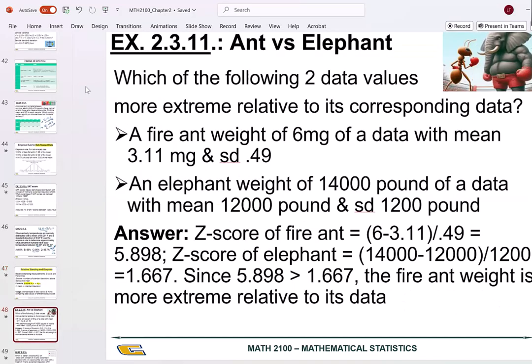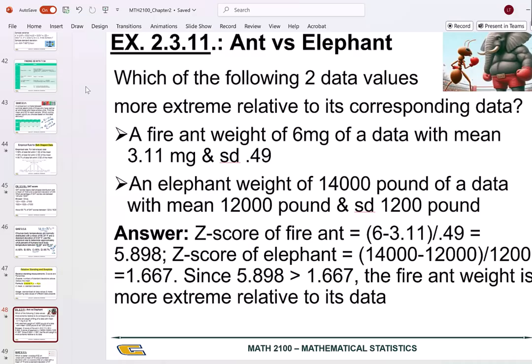So let's look at this example, ant versus elephant. Which of the following two data values is more extreme relative to its corresponding data? A fried ant weighs 6 milligrams, from data with mean 3.11 and standard deviation 4.49.